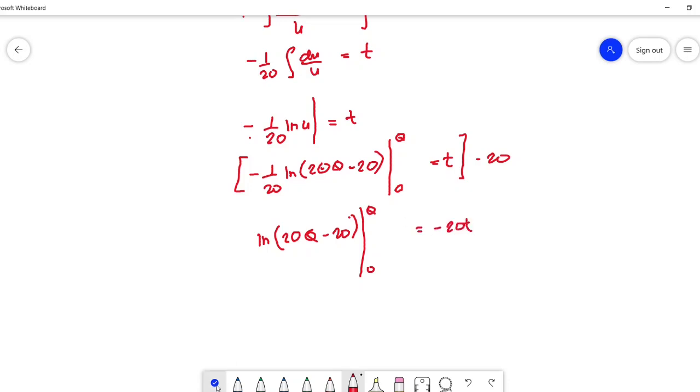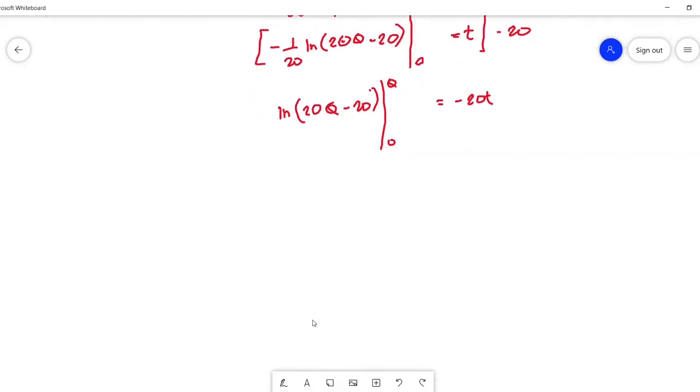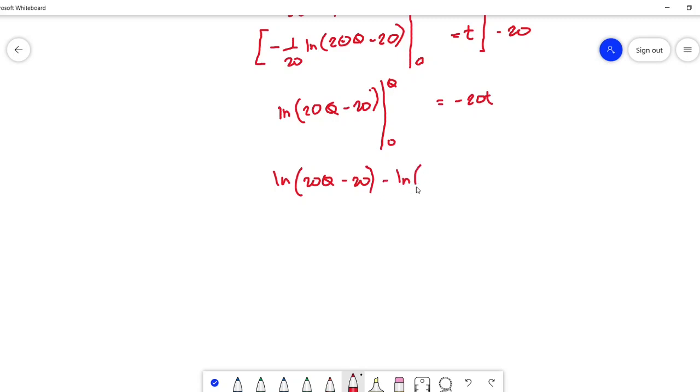Then substituting this value, what we have is ln of 20q minus 20, substituting the value of q first, then minus ln of 20 times 0, which is 0, minus 20. So what we have left is ln of negative 20.